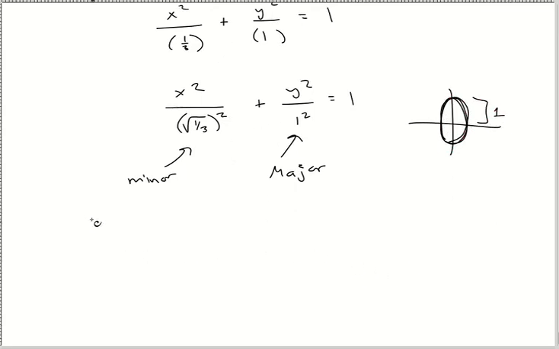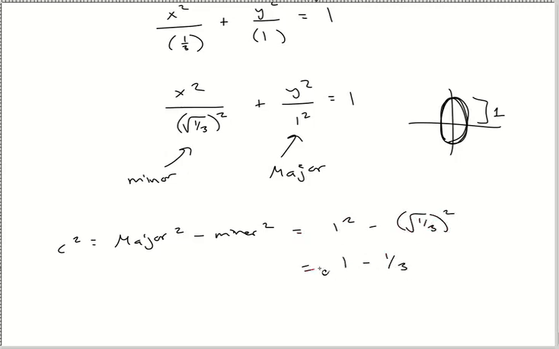I think we have everything we need for the other formulas. So c squared is equal to major squared minus the minor squared. And so my major was a 1 squared minus the minor, which is the square root of 1/3 all squared. And I know that it's simply just those 2 denominators subtracted. I know that you're thinking that, and that's good. I'm just wanting to make sure that you're okay with this all the time.